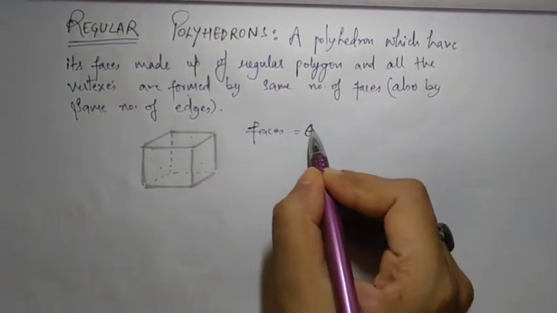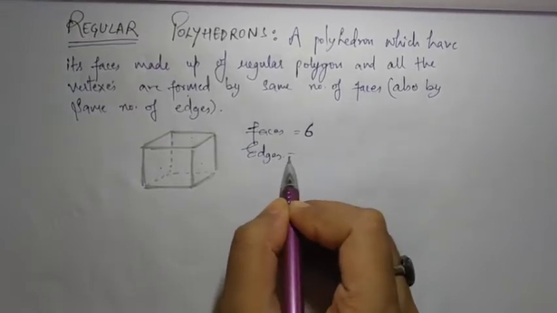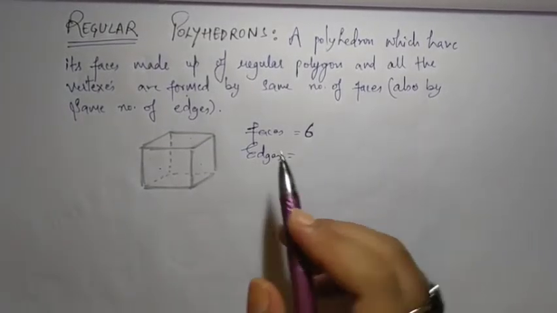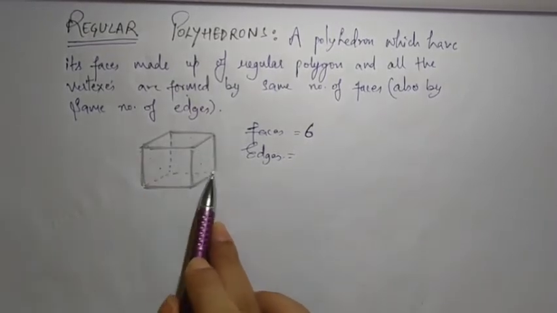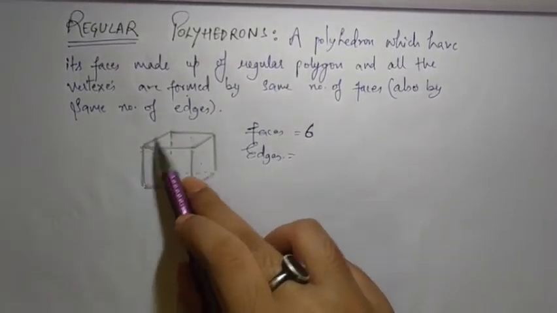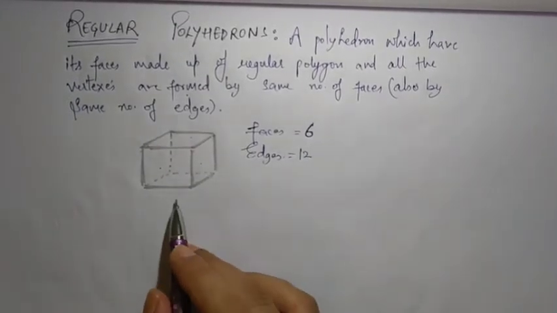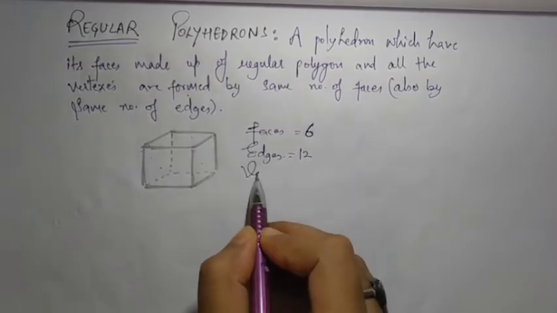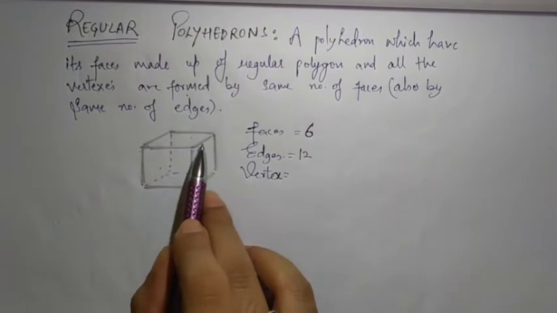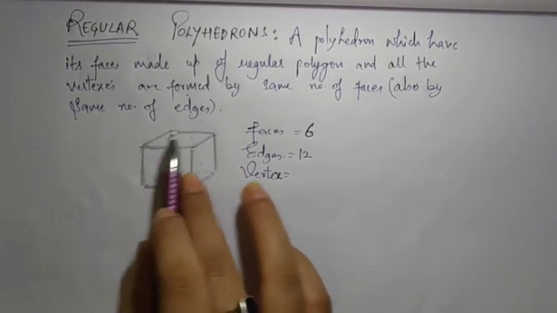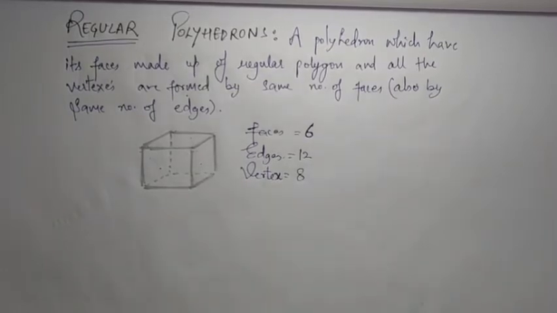So around I have 6 faces. Edges, if I count edges, 1 2 3 4 5 6 7 8 9 10 11 12. Around I have 12 edges. And if I count vertices, I will have 1 2 3 4, 4 on the top, 4 on the bottom, total 8 vertices.